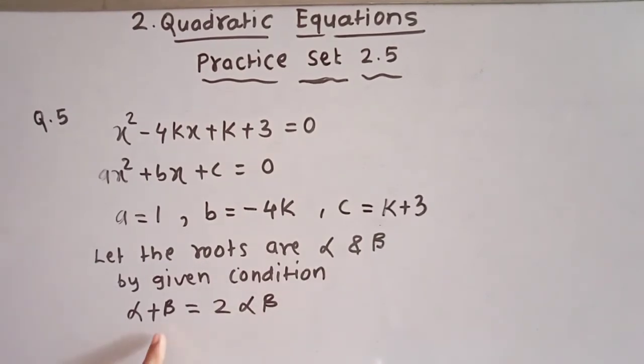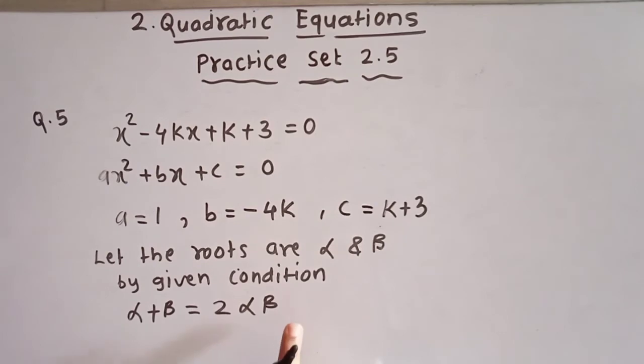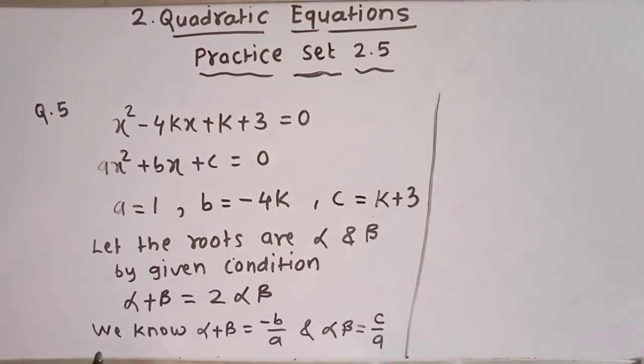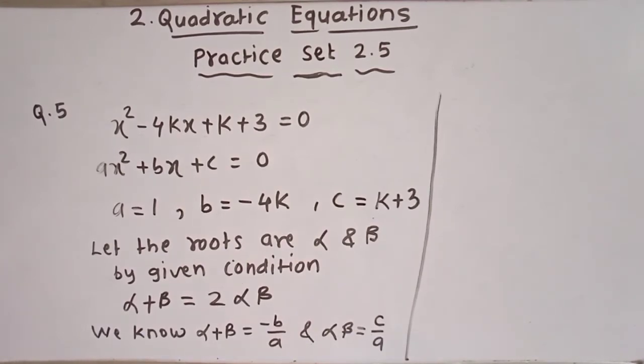Now you can write alpha beta in the minus b by a form, yes or no? And alpha beta is c by a and alpha plus beta is minus b by a. So write it down. We know alpha plus beta is equal to minus b by a and alpha beta is equal to c by a. And we have written the condition alpha plus beta is equal to 2 times alpha beta, number it as equation 1.